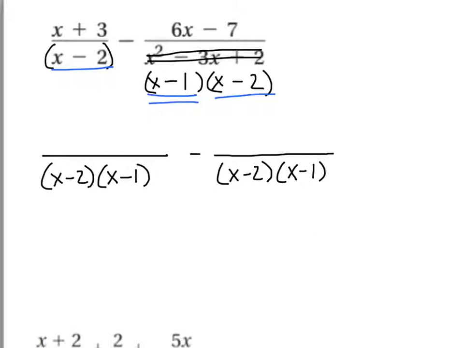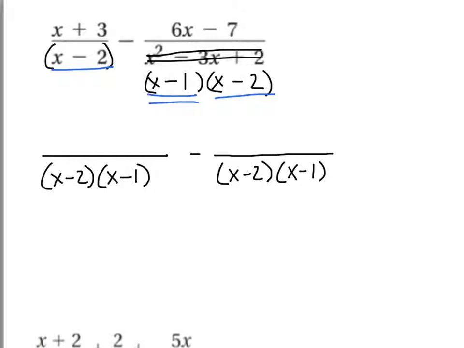Essentially what we're doing here, finding our common denominator, is we're finding every single factor in each denominator, and we're making sure that each factor from each denominator is represented in our common denominator. So our first fraction has x minus 2, so therefore our common denominator has x minus 2. Our second denominator has x minus 2 and x minus 1, so our common denominator has x minus 2 and x minus 1.